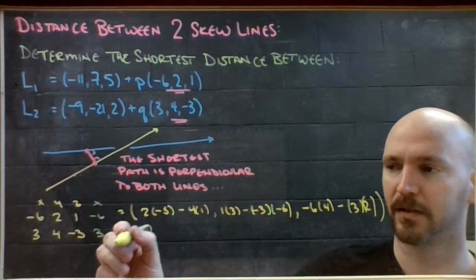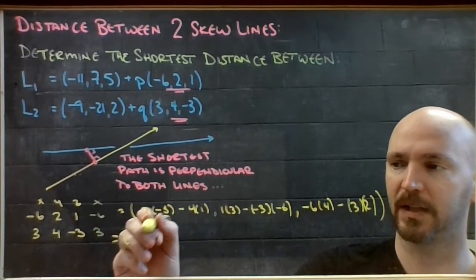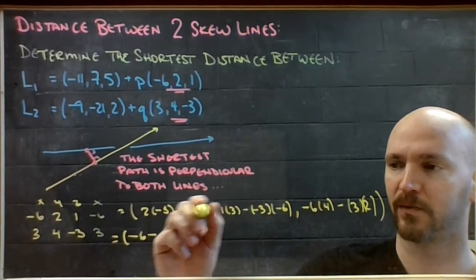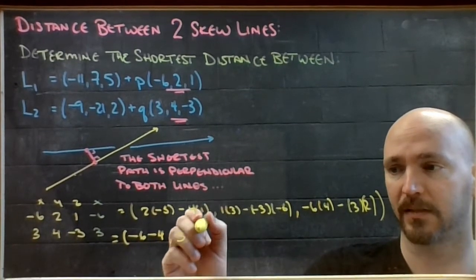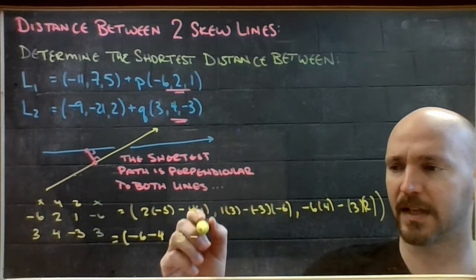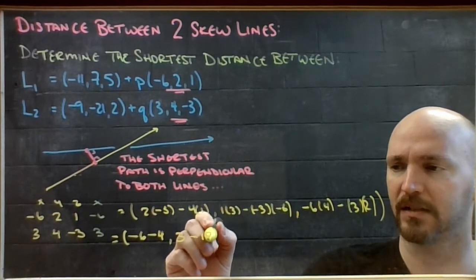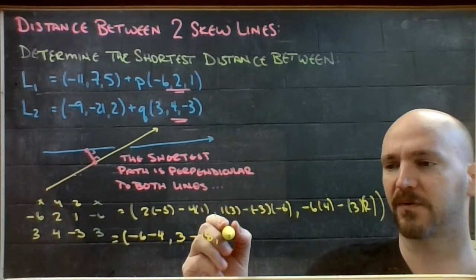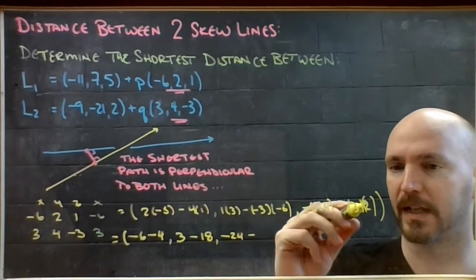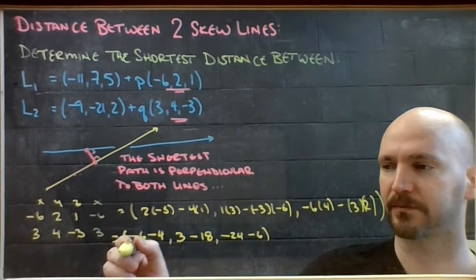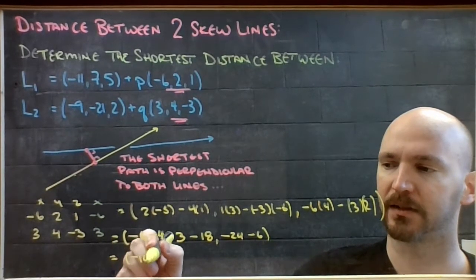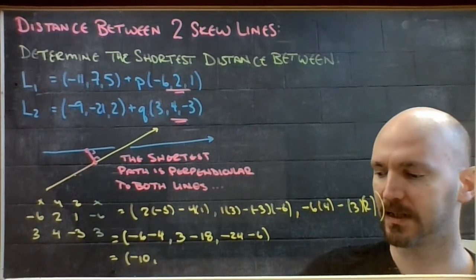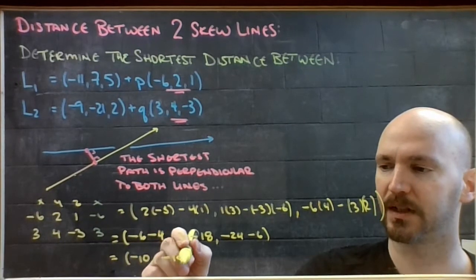All right, so 2 times -3 is -6. 4 times 1 is 4. 1 times 3 is 3. Minus -3 times -6 is a positive 18. -6 times 4 is -24, and that's subtract 6. 4 minus 6 is -2, and -6 minus 4 gives -10. 3 minus 18 is -15.